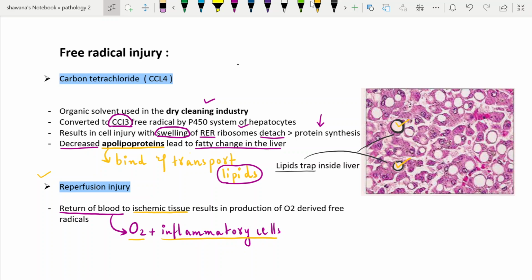And these oxygen and inflammatory cells are responsible for the production of free radicals in that ischemic site. So it's going to damage more. Paradoxically, we would suspect that return of the blood would result in healing, but the situation is the opposite. The returning of blood to already ischemic tissue results in the production of free radicals, and there is more damage to that area or tissue.